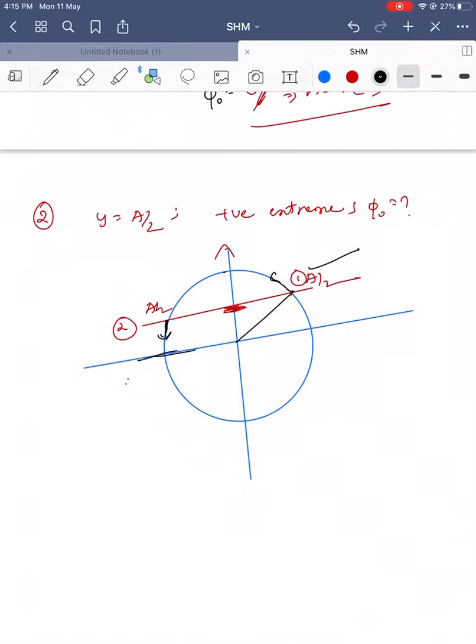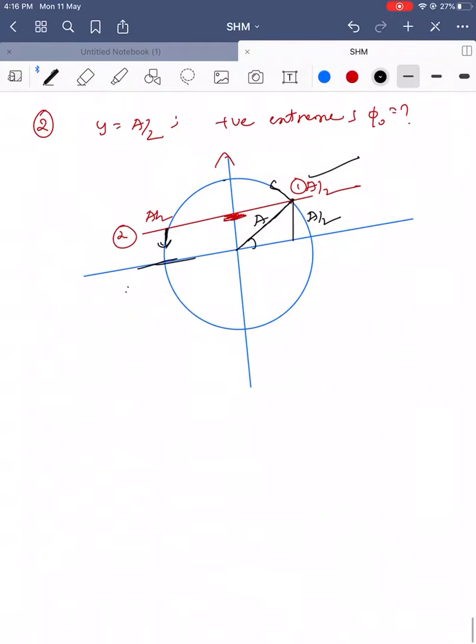From here to here, the height is a by 2, in a circle of radius a. The formula is y equal to a sin(omega t plus phi naught). At t equal to 0, this becomes phi naught, and the value of y is a by 2.